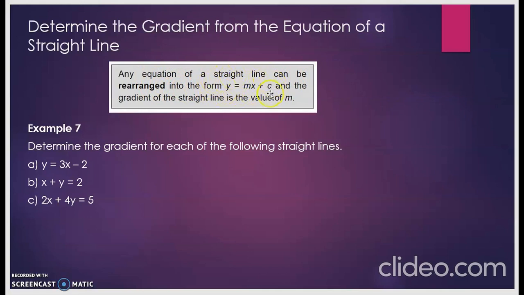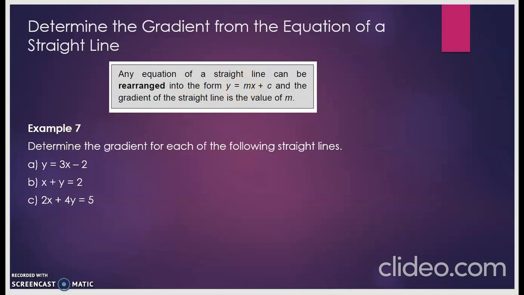Then the gradient of the straight line is the value of m. Means that our left hand side is only y, and the coefficient is 1. So the gradient is the value in front of x.